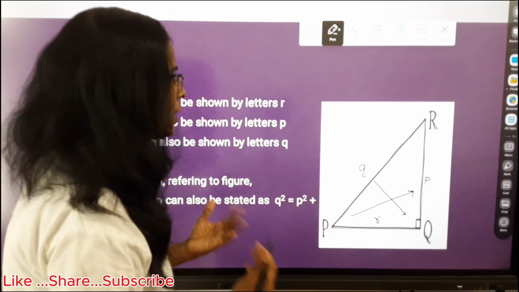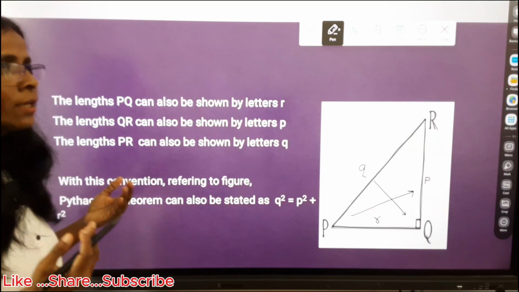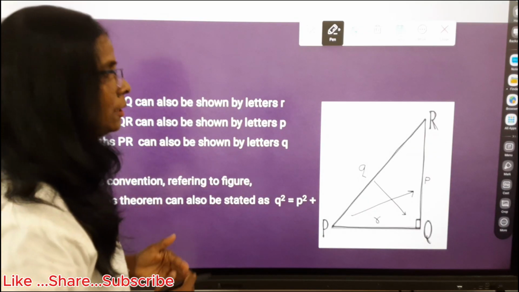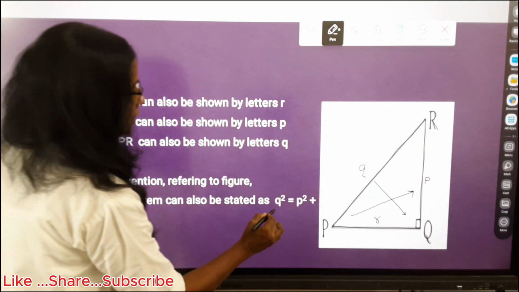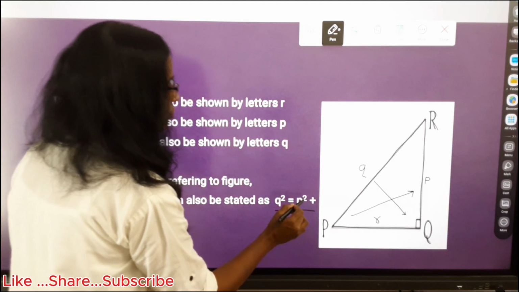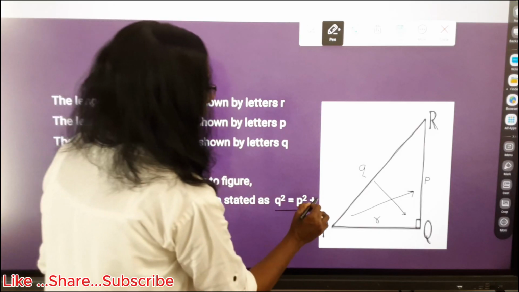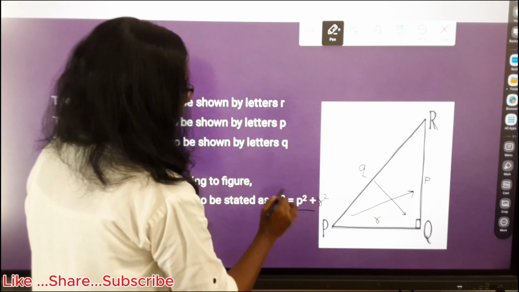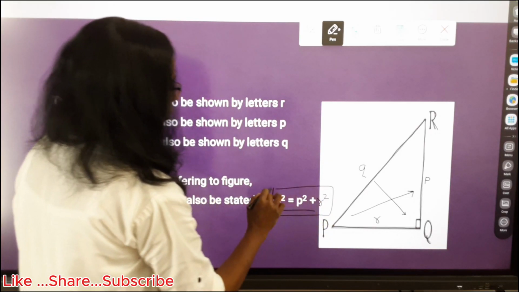In other words, we can write the Pythagoras theorem this way: q square is equal to p square plus r square.